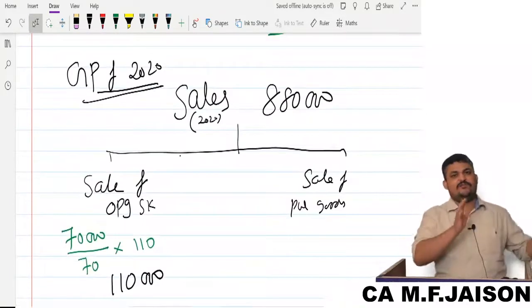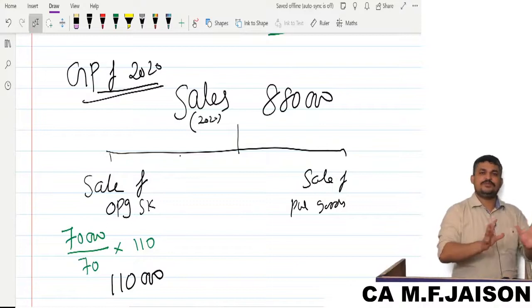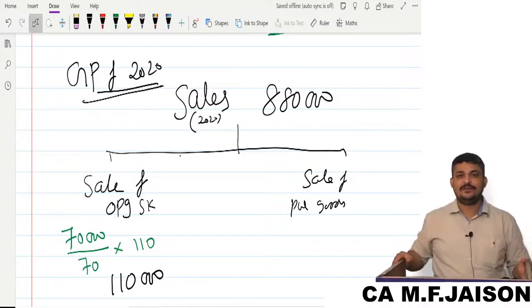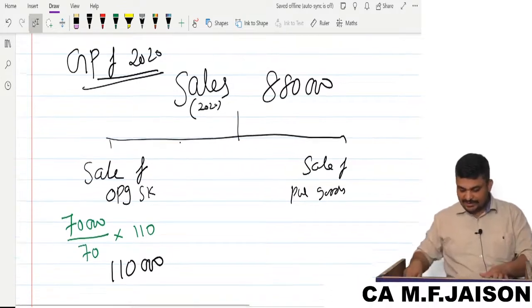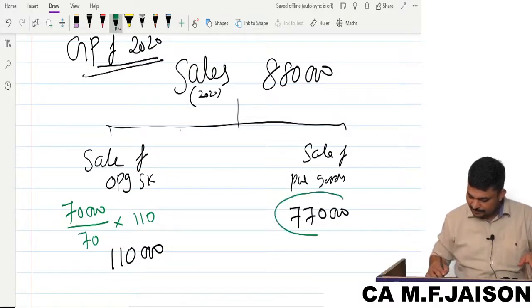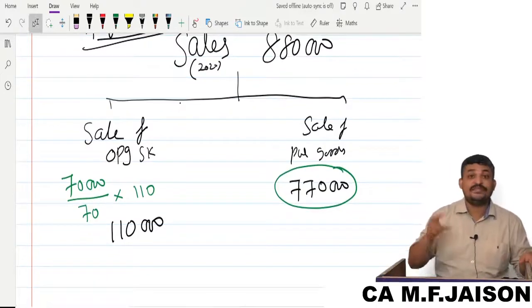There is an implied assumption, FIFO, first in, first out, which means opening stock is fully sold, and only then do we sell the purchased goods. So 1,10,000 is the sale of opening stock, and the balancing figure is 7,70,000. So 7,70,000 is the sale of purchased goods.